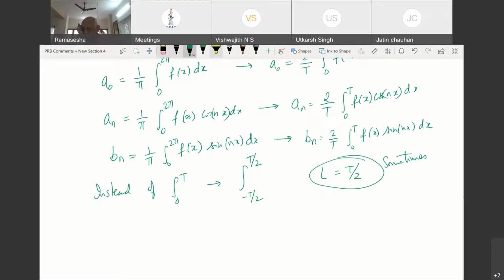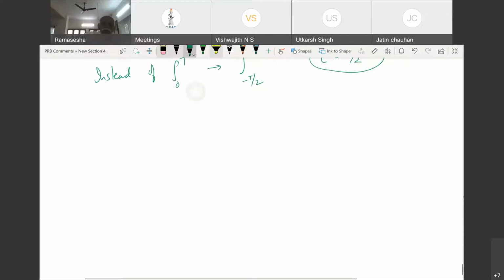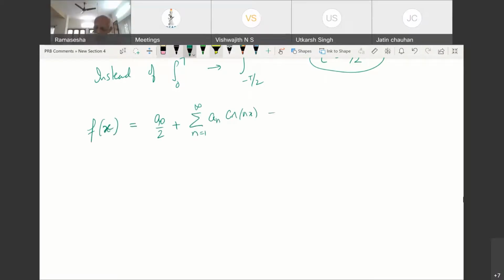Okay. So if you do that, you get the function f of x as a naught by 2 plus sigma n equal to 1 to infinity a n cosine nx plus sigma over n equal to 1 to infinity b n sine nx.